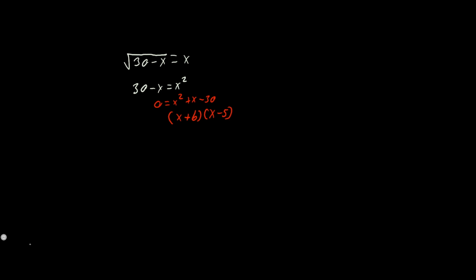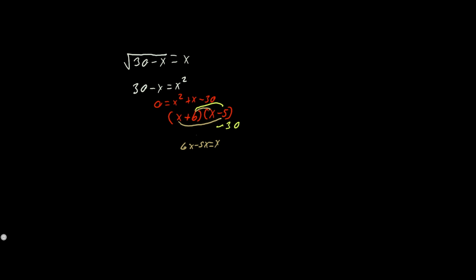Since if we multiply 6 times negative 5, we get negative 30. And if we go ahead and multiply x times negative 5 and 6 times x, we get 6x minus 5x, which is equal to x.